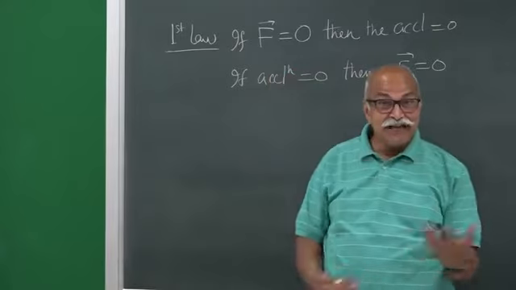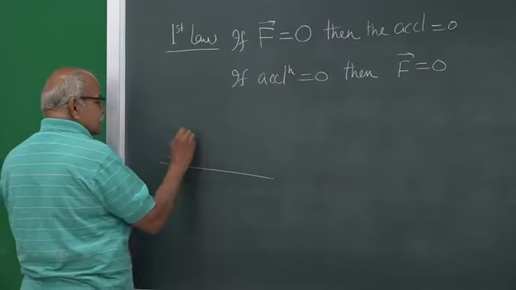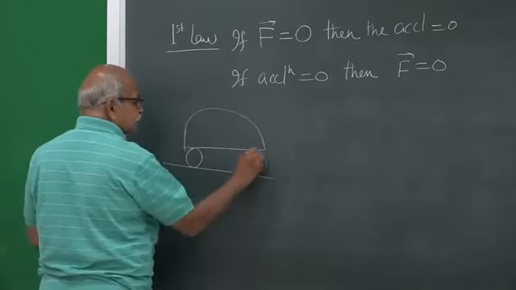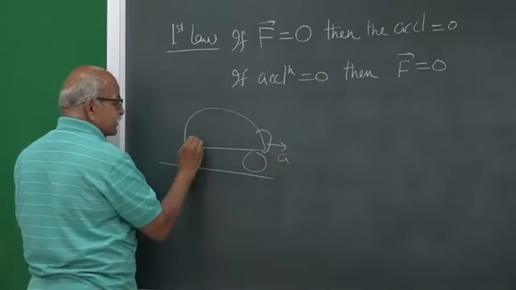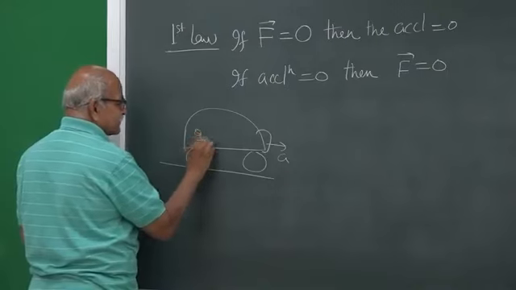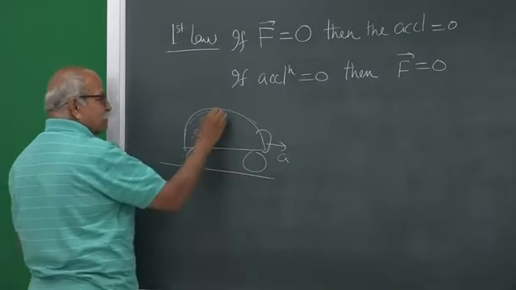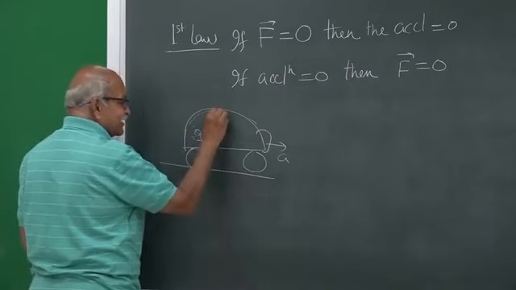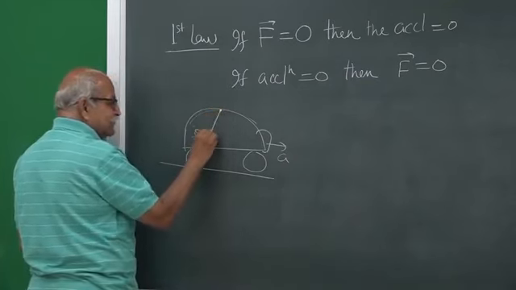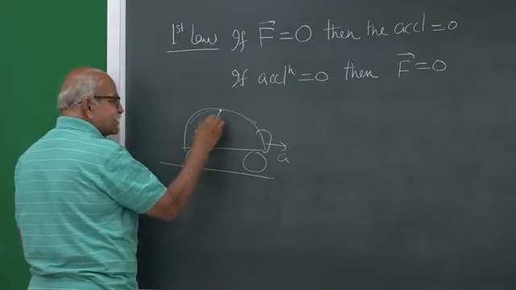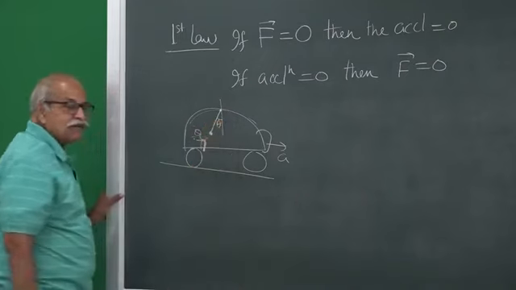If I am in a rotating frame, or let us say I am in an accelerating car, and I am sitting somewhere here on the seat, and from the car's body some pendulum is hanging. What do I see? I see that the pendulum string does not stay vertical, it makes some angle theta with the vertical.